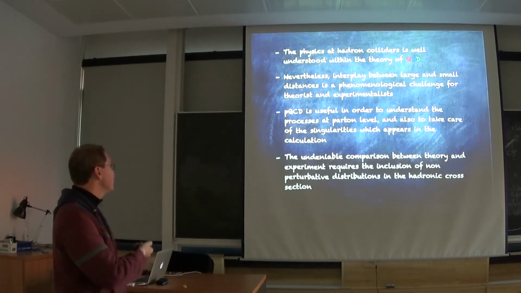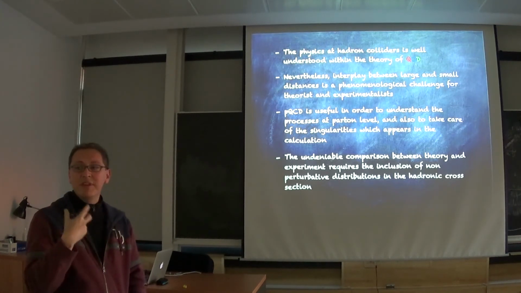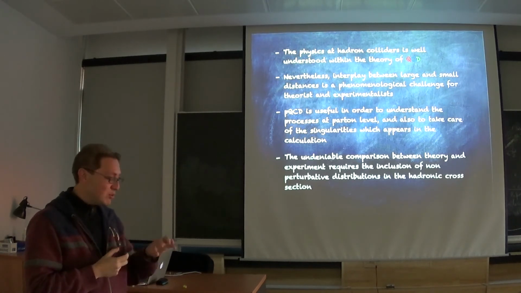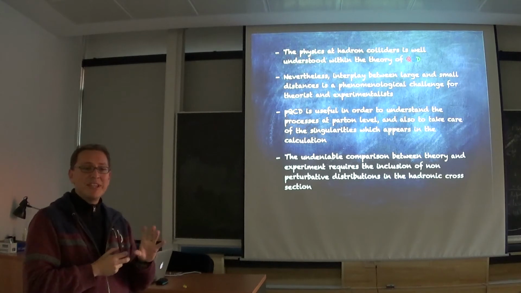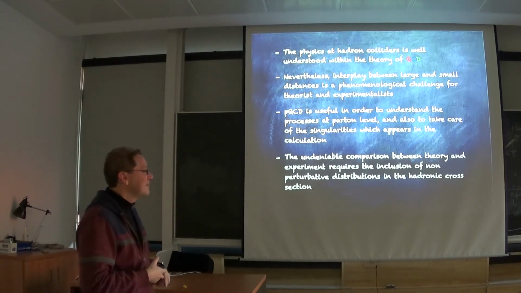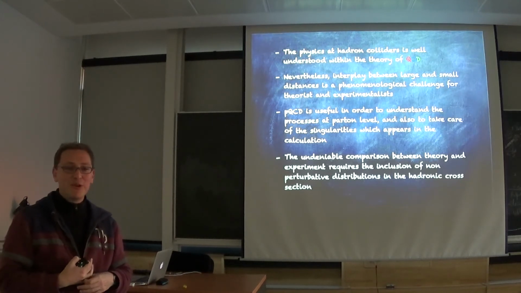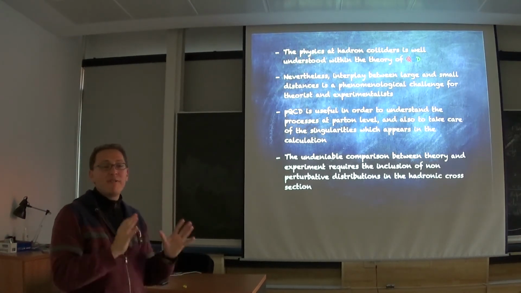The same, you have divergences or singularities appearing in any calculation in QCD. So before you start to cry or jump because you are sad that nothing is going well, take care of everything.